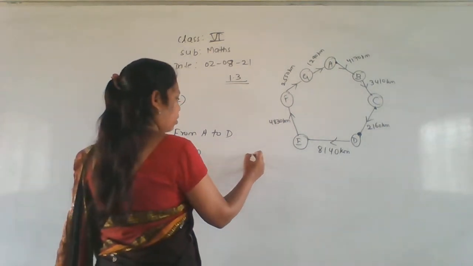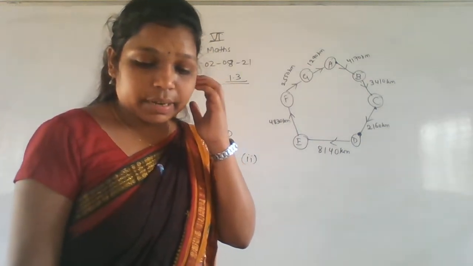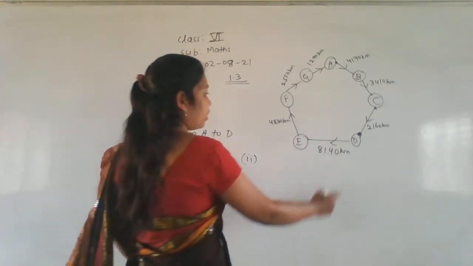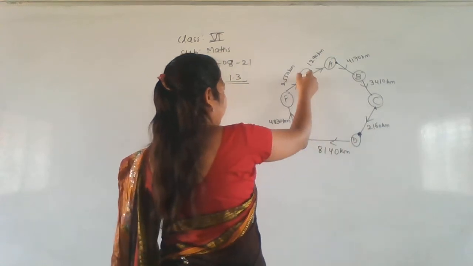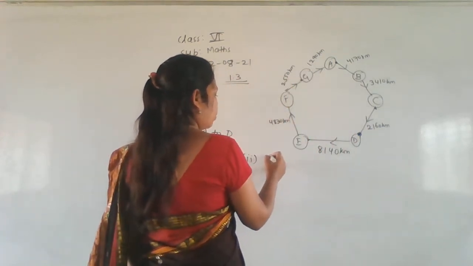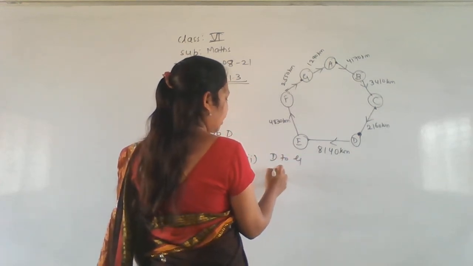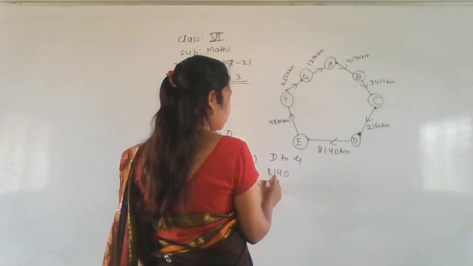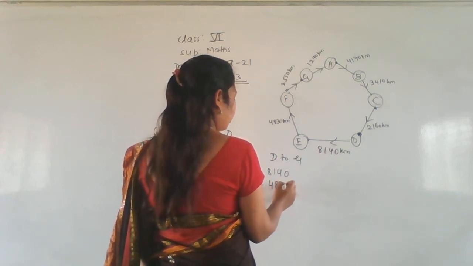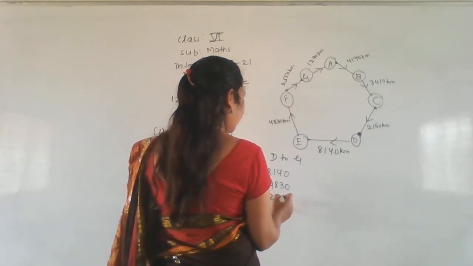Next, the second one. Go to the second question here. Find the total distance covered by the bus from D to G. D to G here means this one and this one. Okay, so D to G. What's the distance? 8,140 plus 4,830. Next one is 2,550.